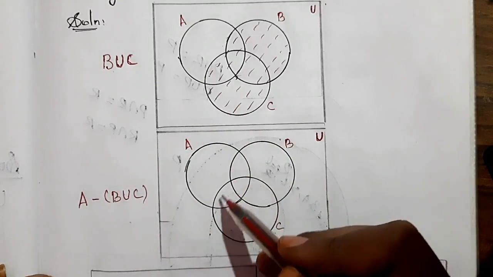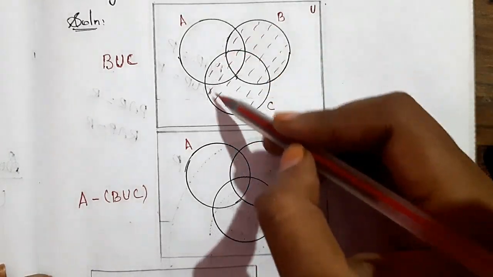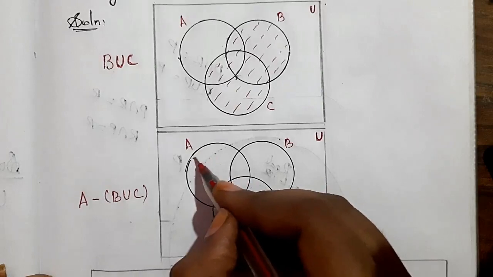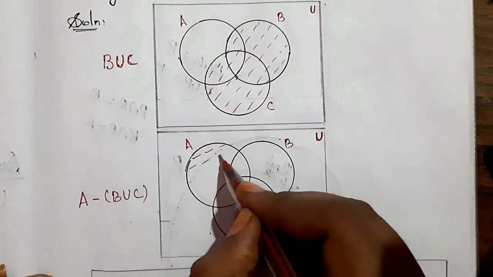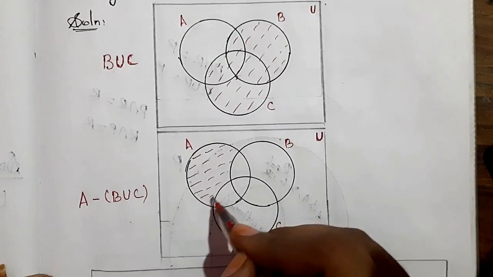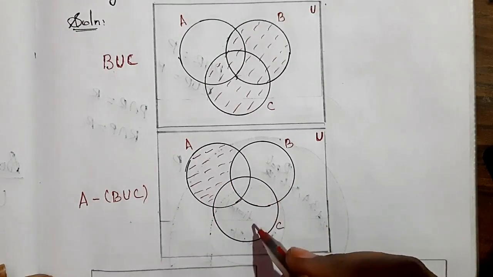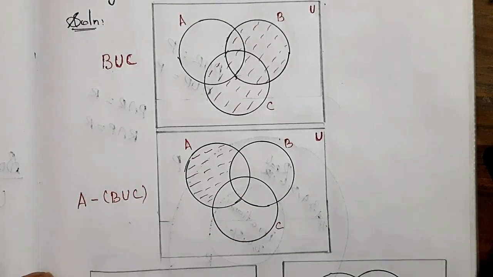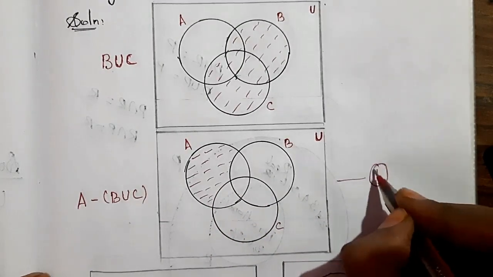So this is the B union C part. This part we have removed, the remaining part we can shade. So what is the remaining part? Only this part. See this part now, this part is without B union C, only the A part we shaded. Okay. So this is equation number 1, take it as 1.